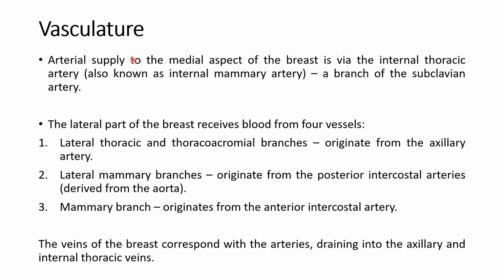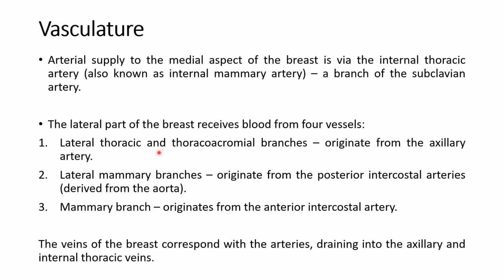Coming to the vasculature of breast tissue. The arterial supply to the medial aspect of breast is via the internal thoracic artery. It is also called the internal mammary artery. It is a branch of the subclavian artery. The lateral part of the breast receives blood from 4 vessels, namely the lateral thoracic branches and the thoracoacromial branches that originate from the axillary artery, lateral mammary branches that originate from the posterior intercostal artery, and the mammary branch that originates from anterior intercostal arteries.